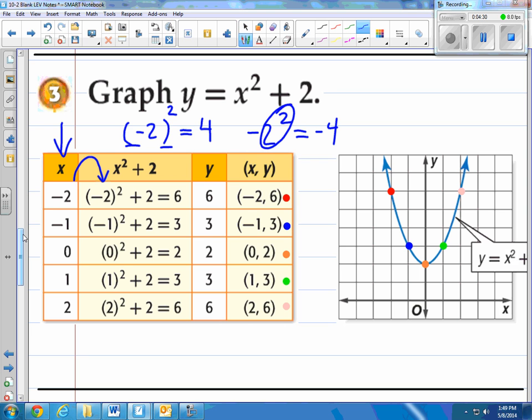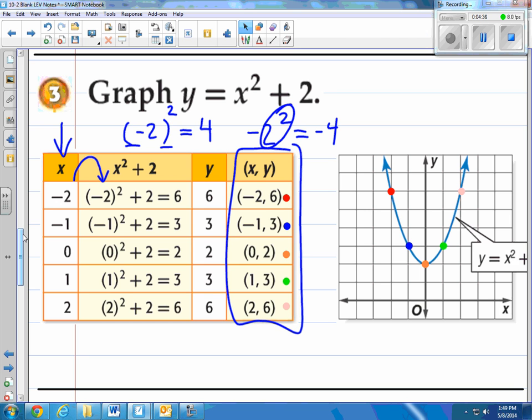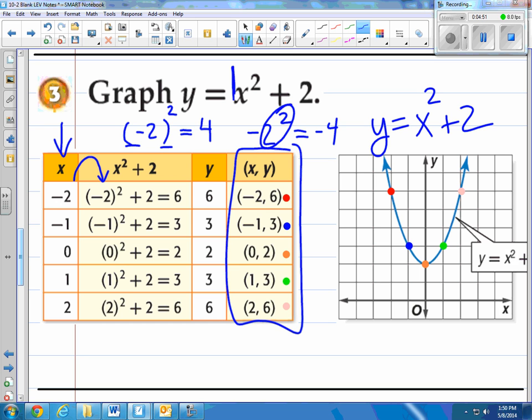Again, they plugged in the x values, gotten out the y values, and then they're going to graph these points, as you can see over here. Notice what's in front of that x squared? A 1, the invisible 1. That's a positive. That's why this opens upwards. Something else I want to point out. The equation is y equals x squared plus 2.